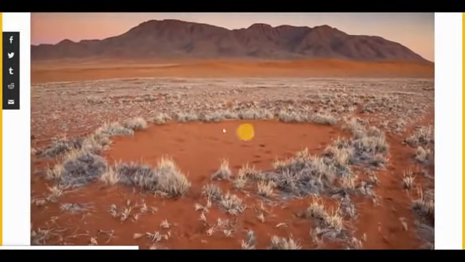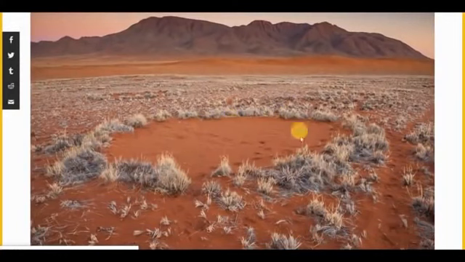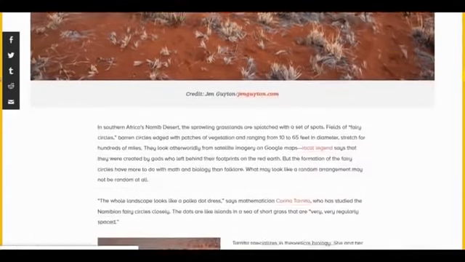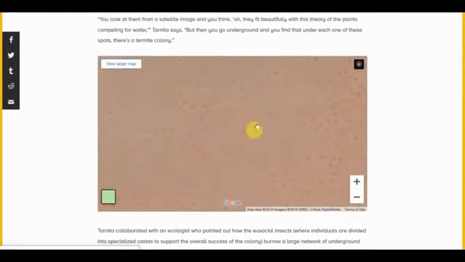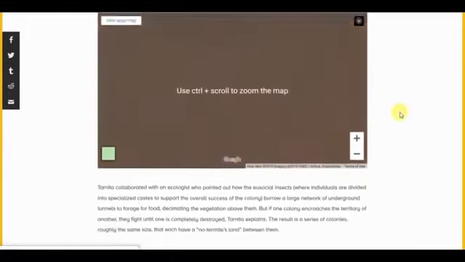So, in the desert of Namibia, they discovered these circular patterns, and they are in clusters. There are all these circular and oval patterns, kind of just like what we've been observing with the depressions in Siberia and in Australia.